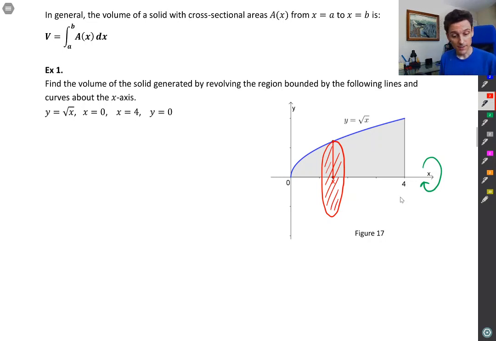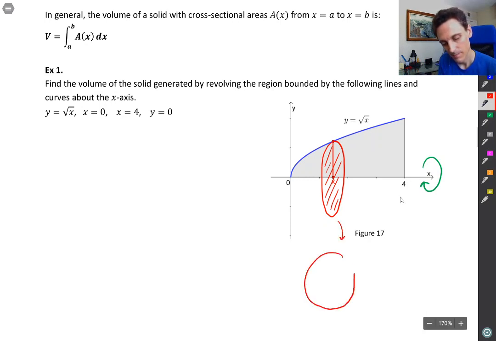So if we took this circle and grabbed it out and put it flat on the paper, it would look something like this. A circle, or as best a circle as I can draw.